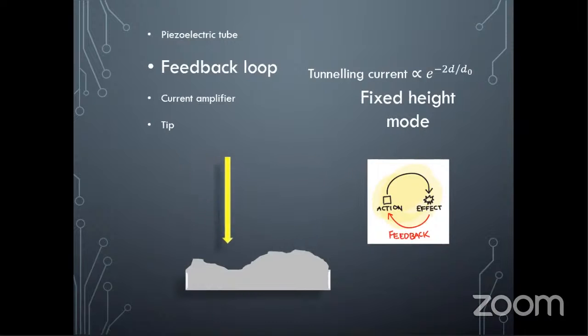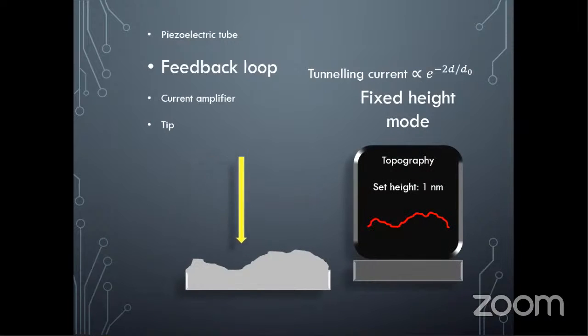And what happens is that, because the tunneling current again is proportional to the exponential of the distance, the amount of tunneling current varies depending on the distance between the tip and the sample, and from the value of the tunneling current, one can just back-calculate and get the height map, or the topography, of the sample surface.